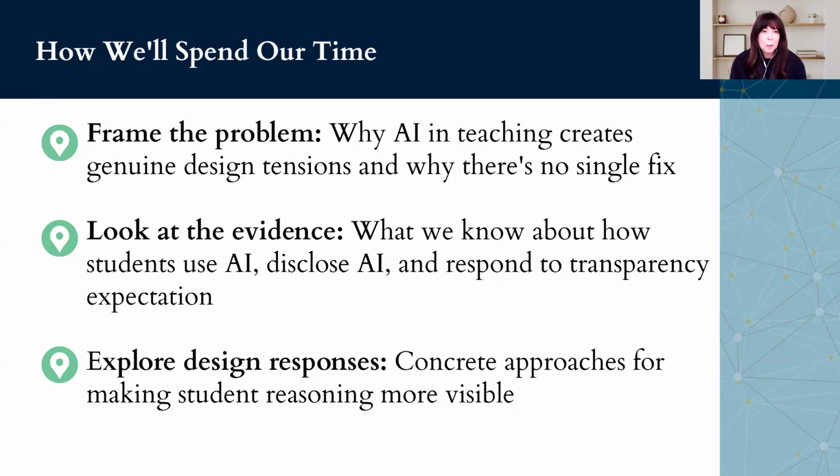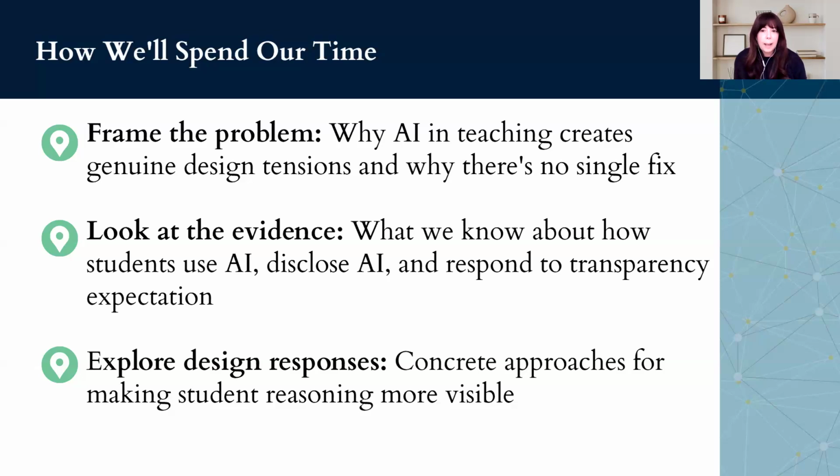questions. So in terms of the structure of today's workshop, we're going to initially frame the problem and outline why AI in teaching creates design tensions and why there isn't a single fix, but we will talk about some possible solutions.